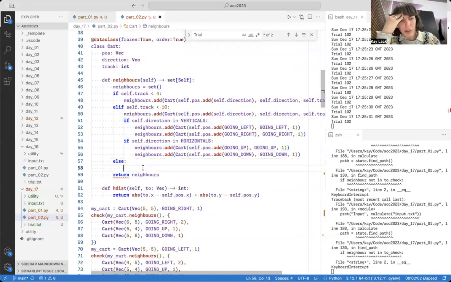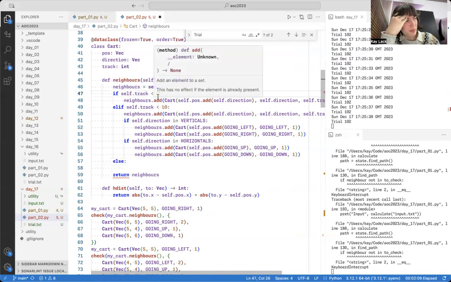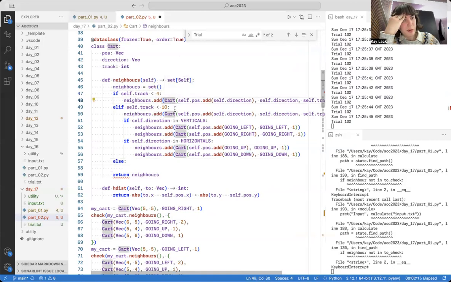Yeah, let me just keep these branches. I think that'll keep things simple. Okay, so if it's below 4, it can only move forward.